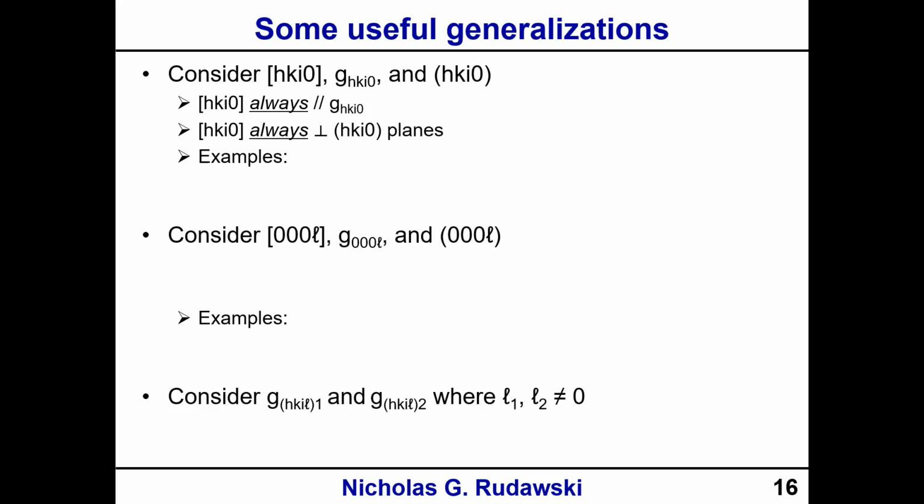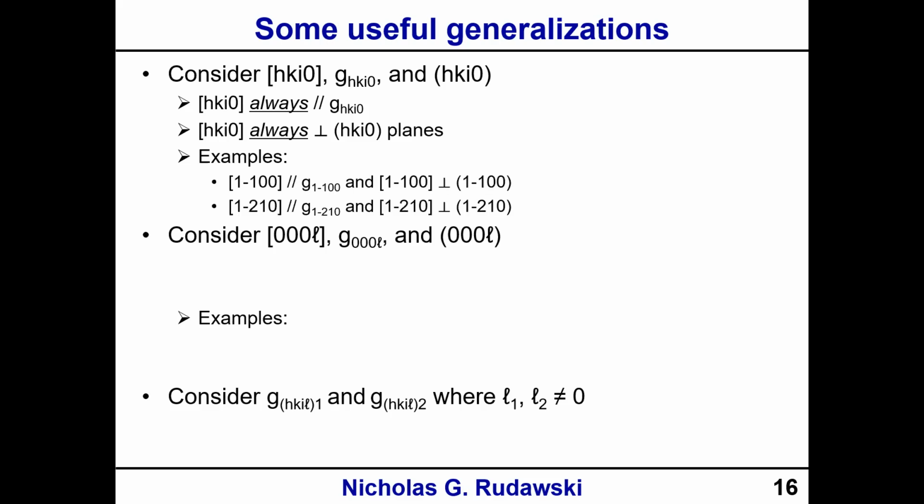So as an example, if I have a 1, 1 bar, 0, 0 lattice vector, that is always parallel to G 1, 1 bar, 0, 0, and the 1, 1 bar, 0, 0 lattice vector is always perpendicular to the 1, 1 bar, 0, 0 planes. You can do the example below that and show the same thing.